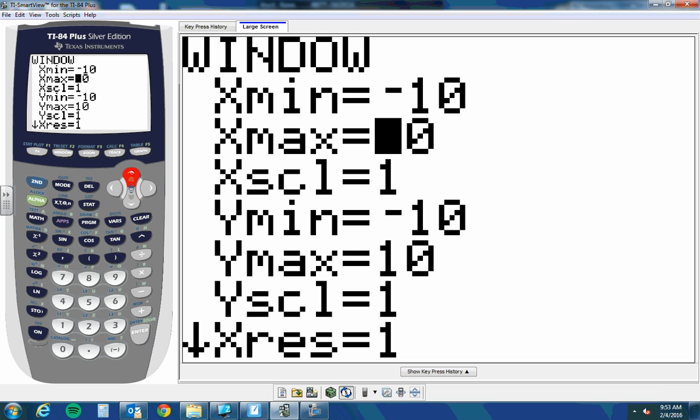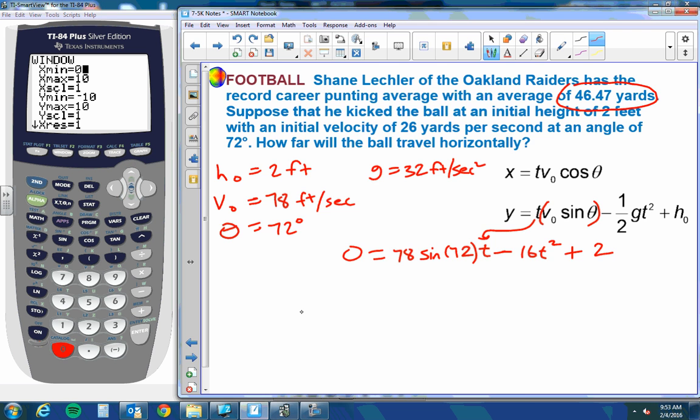Now I need to change all of these things. By the way, one big thing you need to realize is we're in function mode, but in reality we're graphing the height over time, right? So when I did this first period, I said, oh, well, the x-axis, we'll make it like 60, because if his average is 46, and he's gone more than 46 sometimes, right? So I made the x max 60.